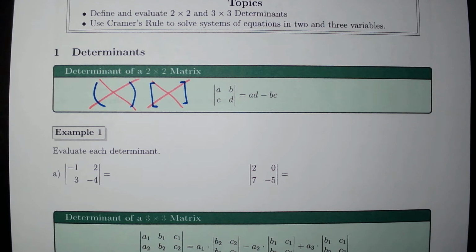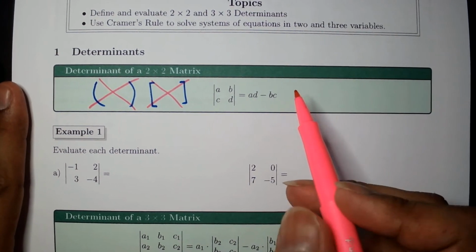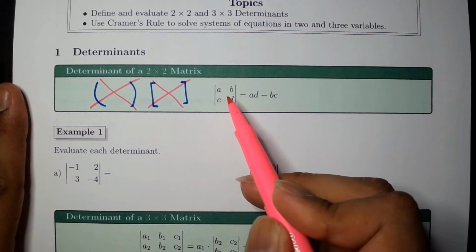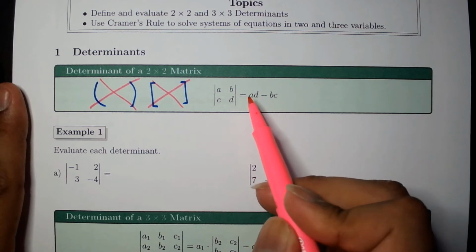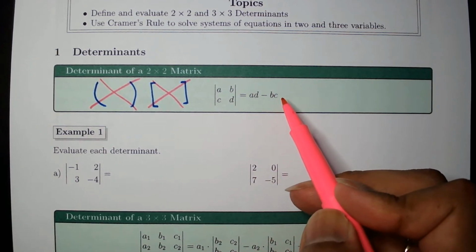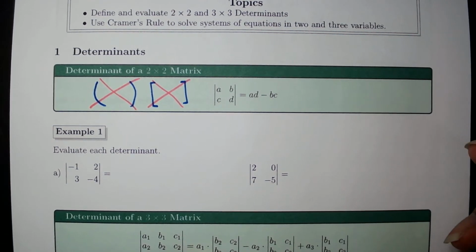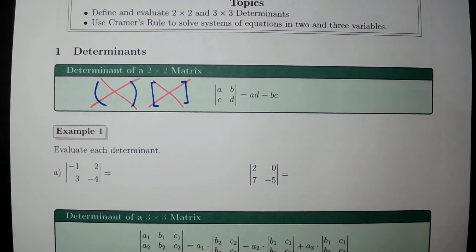You can think of a determinant as a function whose input or domain is a square matrix and the output or the range is only a single number. It could be an integer, could be a fraction depending on the situation.